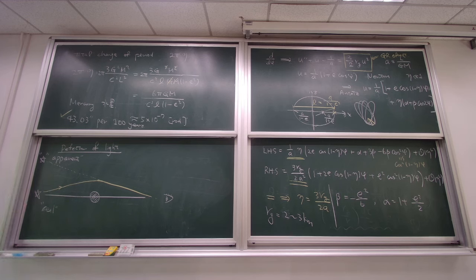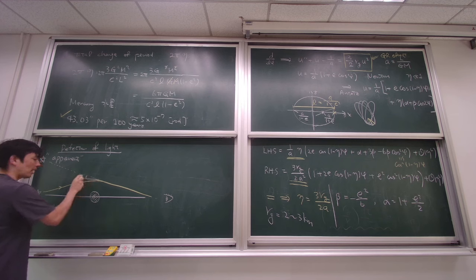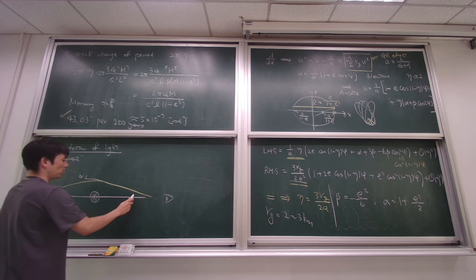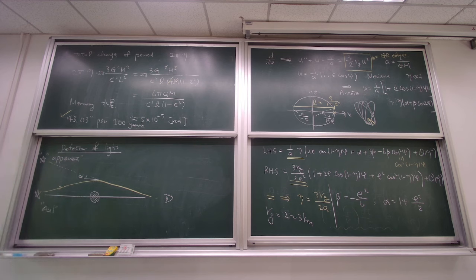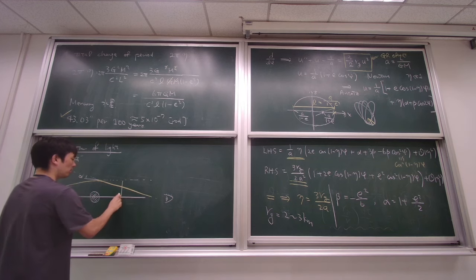Fine. So this is the effect, and what we want to measure is the angle alpha. This is alpha. Angle alpha here, this round angle, we want to measure in terms of the path around, this delta.